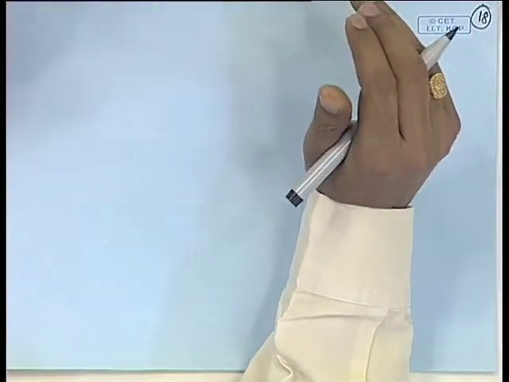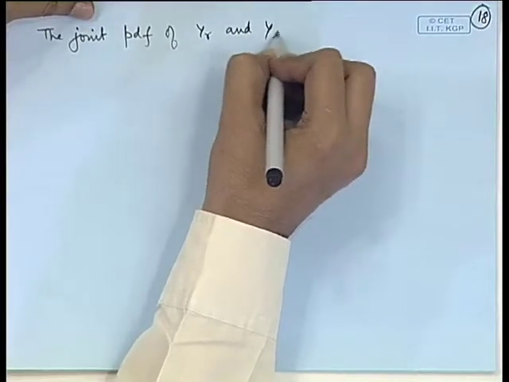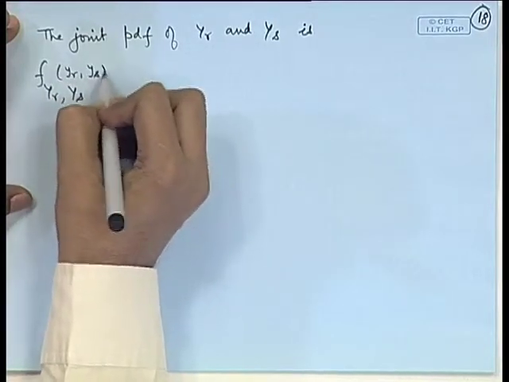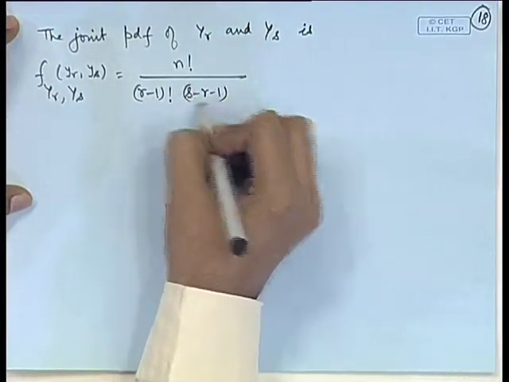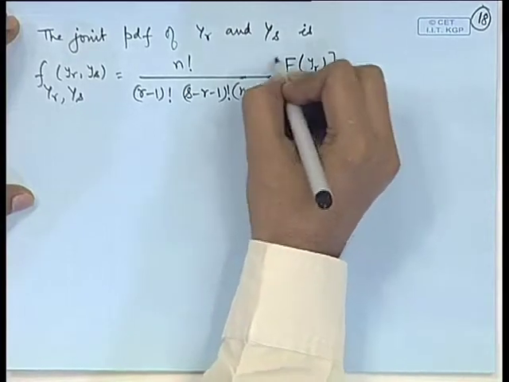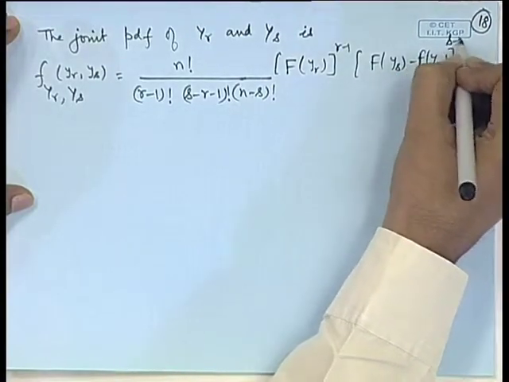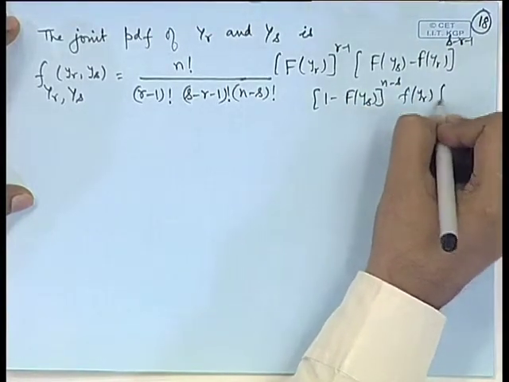Likewise, if we want to integrate leaving variables say y_r and y_s, the joint PDF of two order statistics, say y_r and y_s, is determined as f of y_r, y_s equal to n factorial divided by (r minus 1) factorial (s minus r minus 1) factorial (n minus s) factorial, times F of y_r to the power r minus 1, times (F of y_s minus F of y_r) to the power s minus r minus 1, times (1 minus F of y_s) to the power n minus s, times f of y_r, f of y_s.